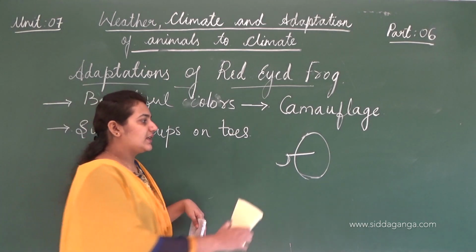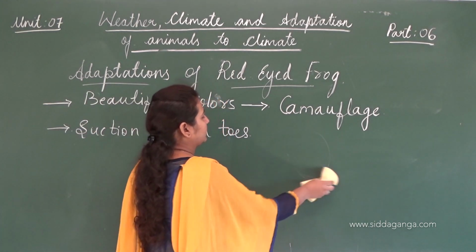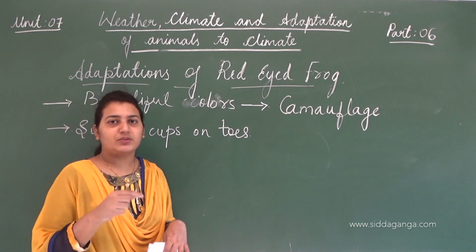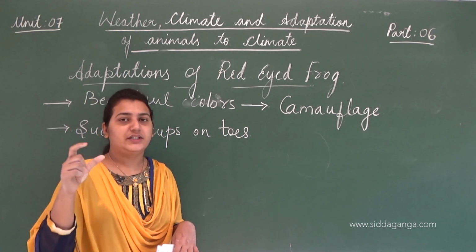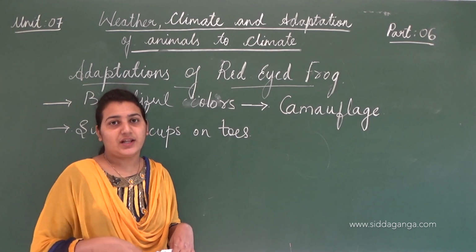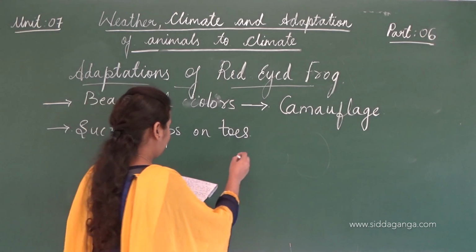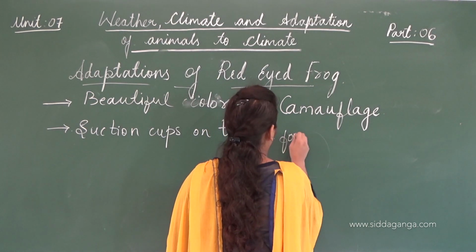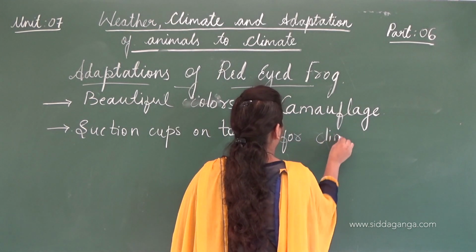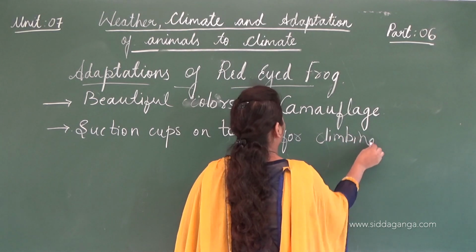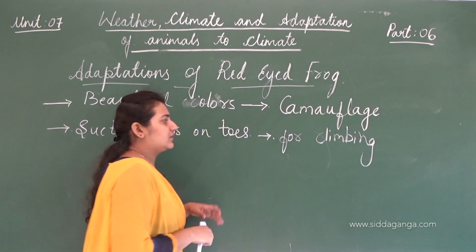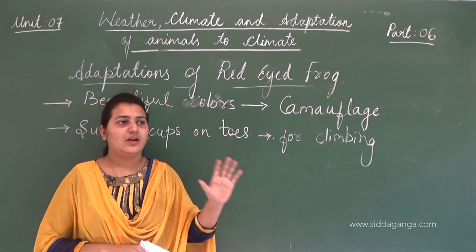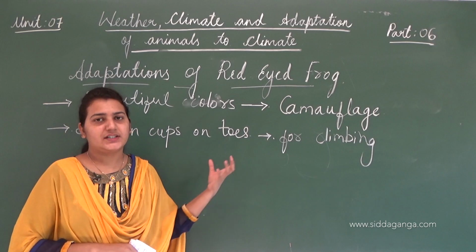frog has suction cups on its toes. These suction cups help them stick to trees, which makes them easy to climb. So a suction cup is a structure which sticks to the surface on which the frog is climbing, so it becomes very easy for these frogs to climb. The toes stick to the surface on which it is climbing.